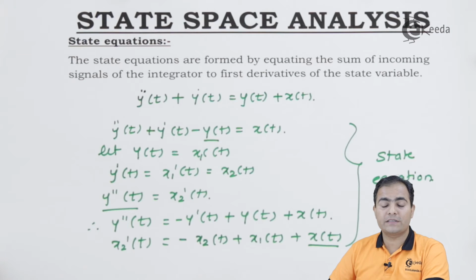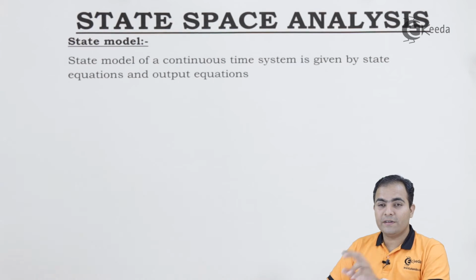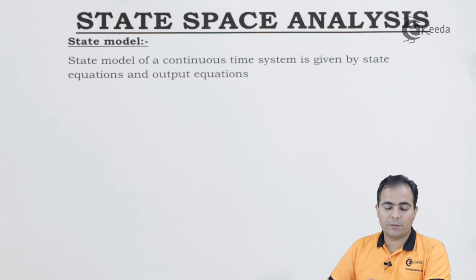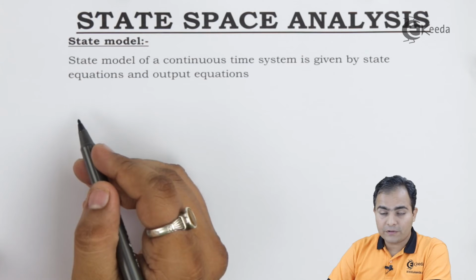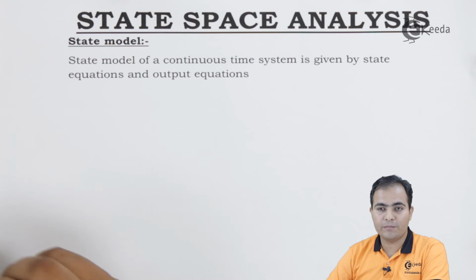Now how to represent it, I'll show you. Basically we have an input state model and an output state model. The input state model is also referred to as the state equation model, and the output equation model is my output model. So first of all we'll write the state equation or the input model.